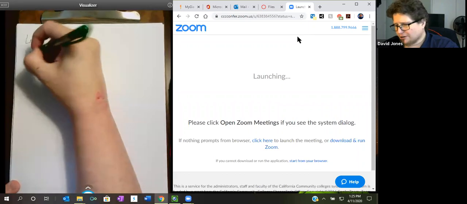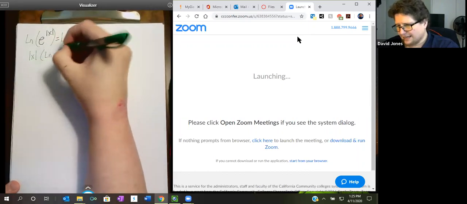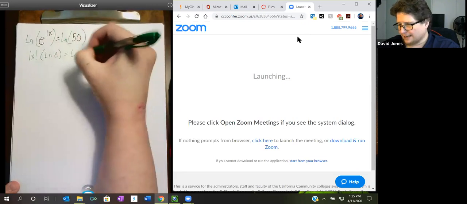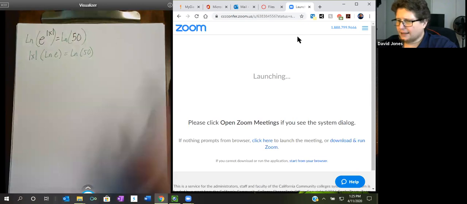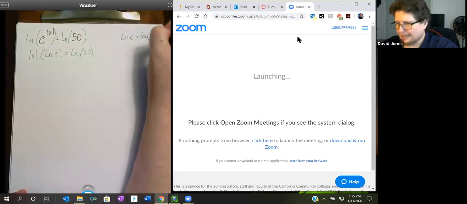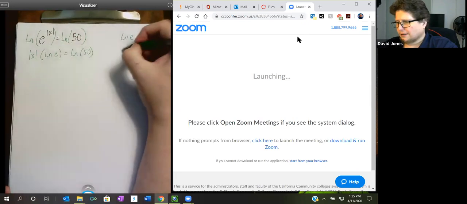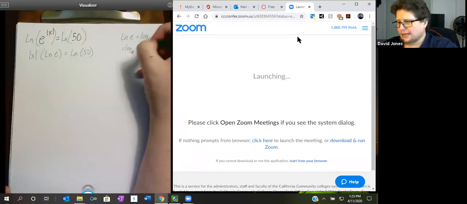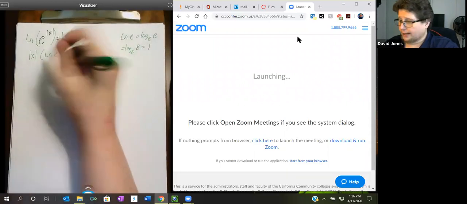My absolute value of x comes down, and I have absolute value of x times ln of e equals ln of 50. But ln of e is log base e of e. And do you guys remember what that equals? Log base b of b always equals 1. So this is just 1.